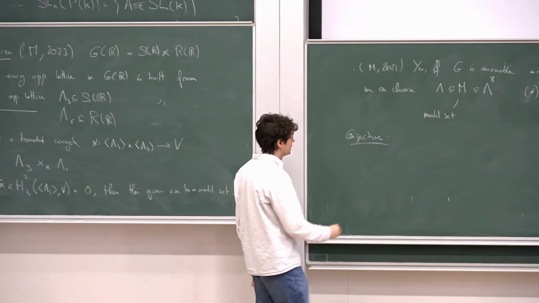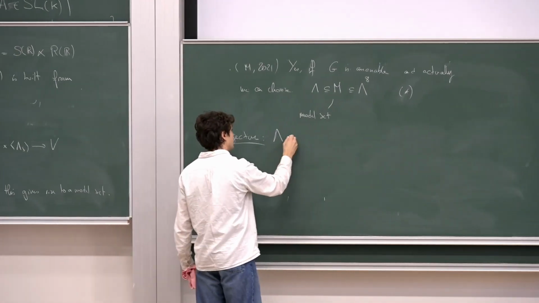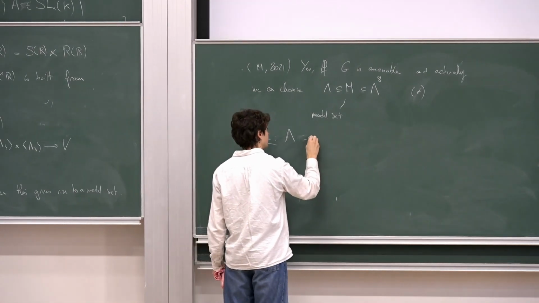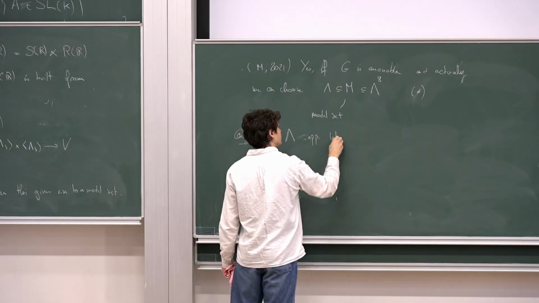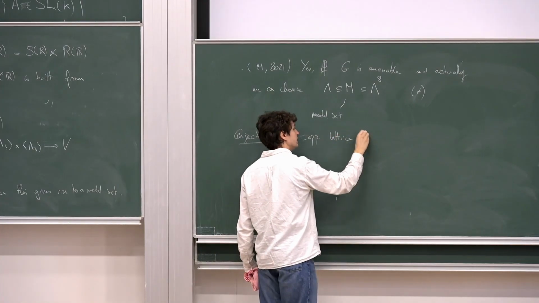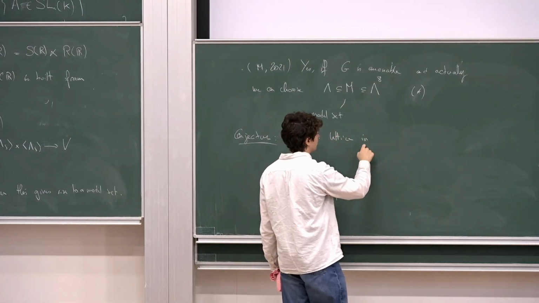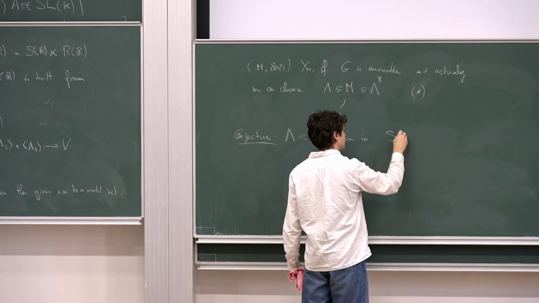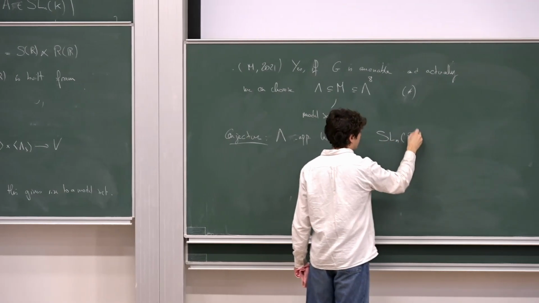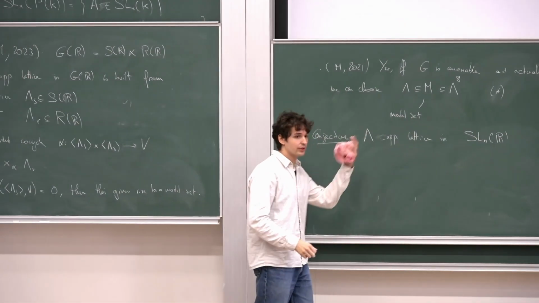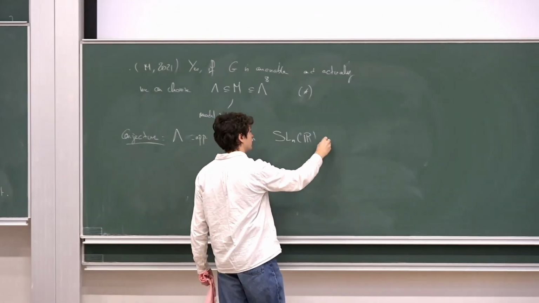That if lambda is an approximate lattice in, let's say, I restrict to SL_n(R), the conjecture holds for more general semi-simple groups of higher rank.